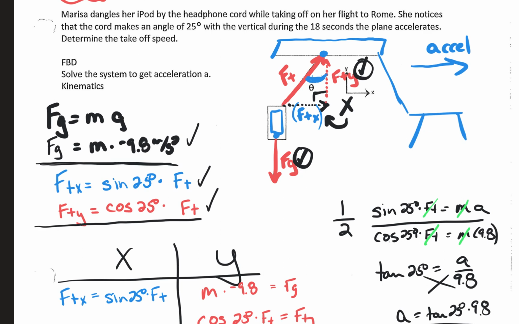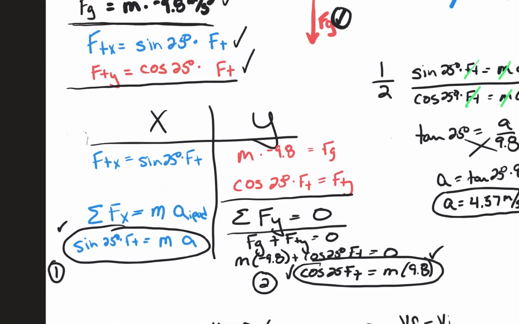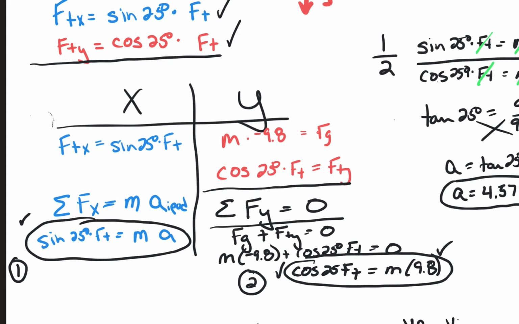Cosine 25 times ft because the fty is adjacent to the angle theta, 25 degrees. Then we got organized and we kind of pictured how many forces are in the x? Just 1. How many forces are in the y? 2. And we set them equal to 0 because there's no y acceleration. The airplane moves sideways, not upwards.